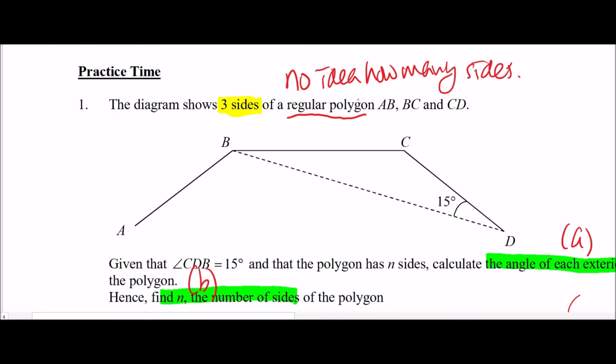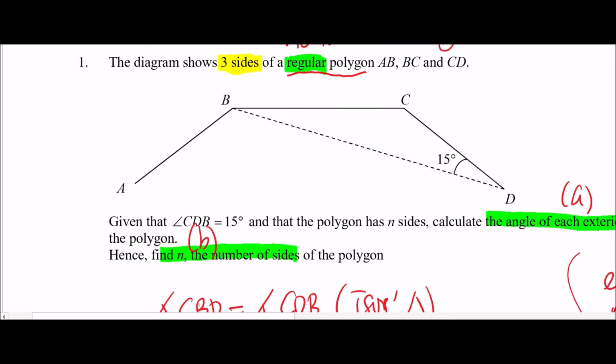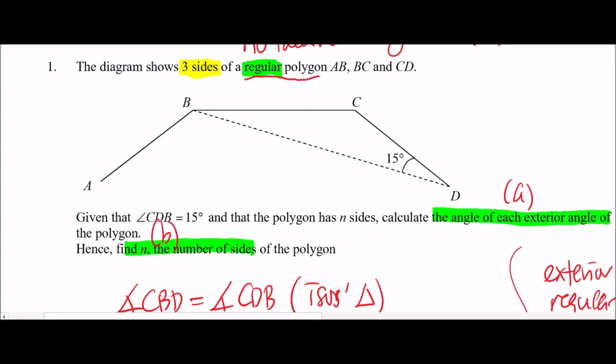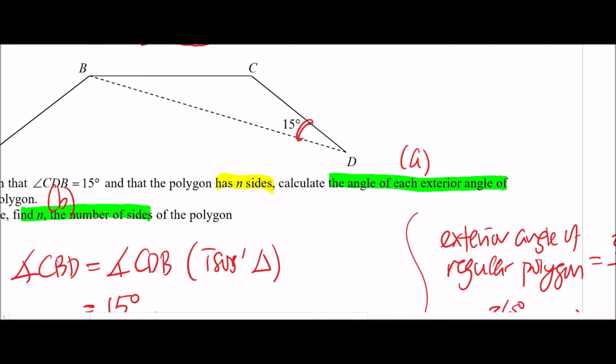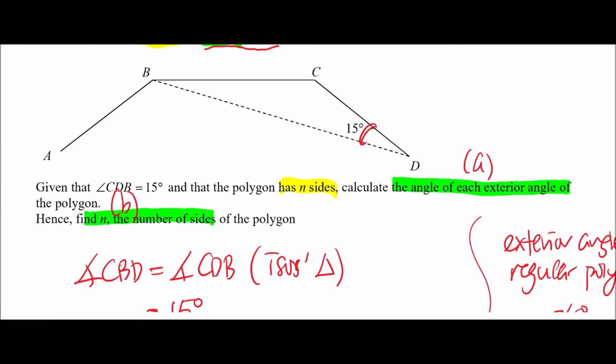For this regular polygon, please highlight the word regular. We have no idea how many sides it has, so let's just call it n-sided. But we do know that it's a regular polygon. The question tells you, given angle CBD, this angle here is 15 degrees, and the polygon has n sides. Calculate the size of each exterior angle in the polygon.